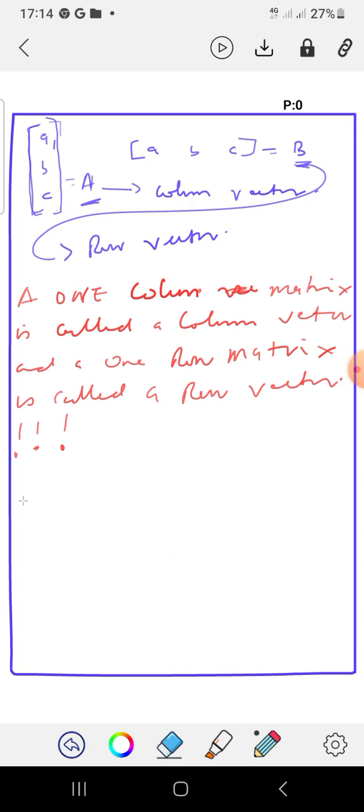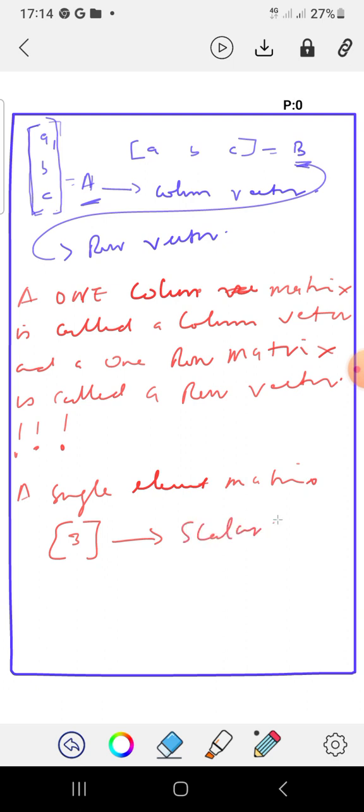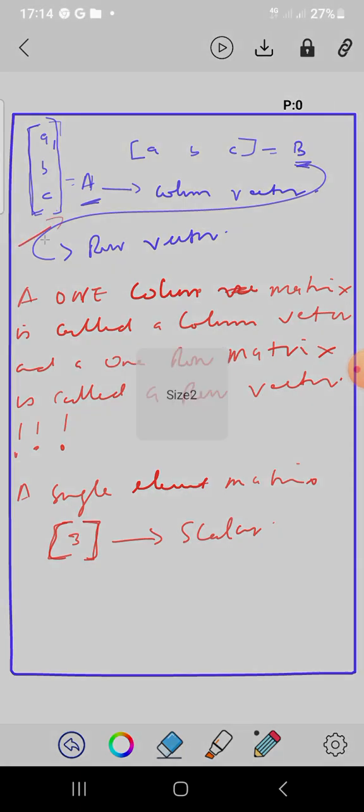Now, this is interesting. What will you then call a single element matrix? Something like a 3, for instance. This is what physics folks will call a scalar. It's nothing but just a number. So it's a scalar, whereas this other guy here is a vector.